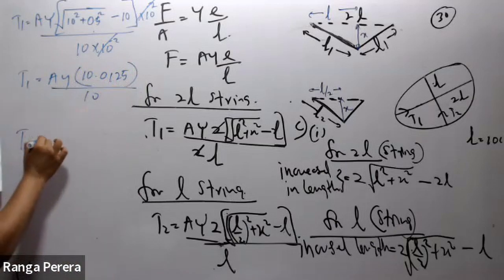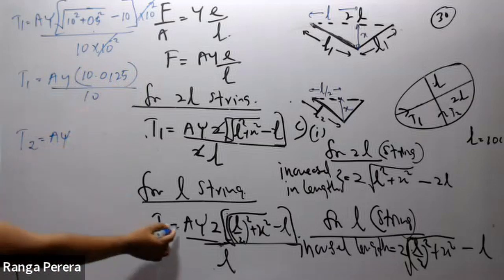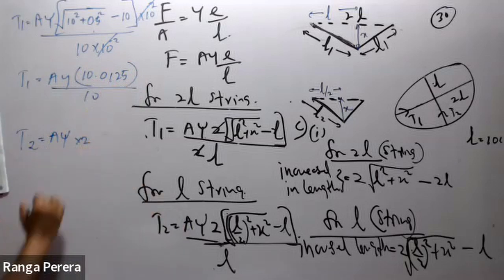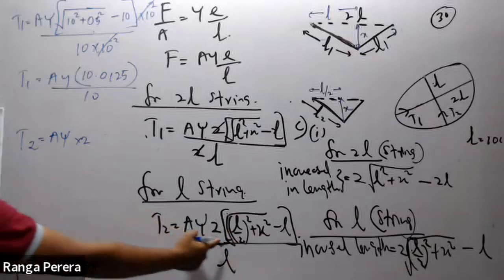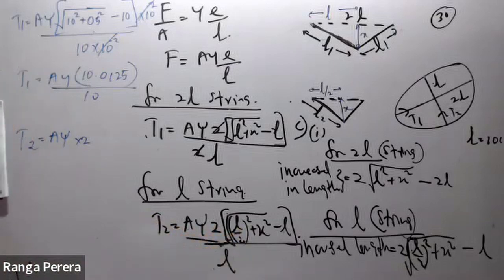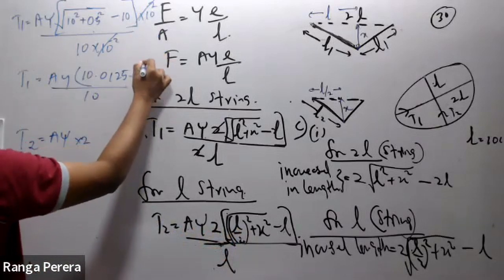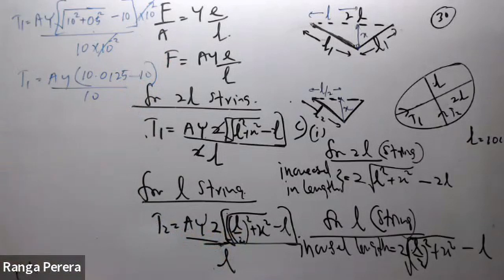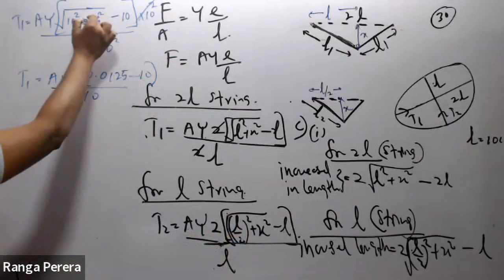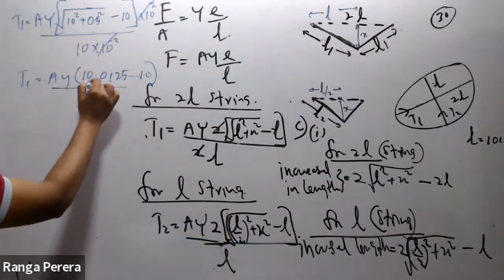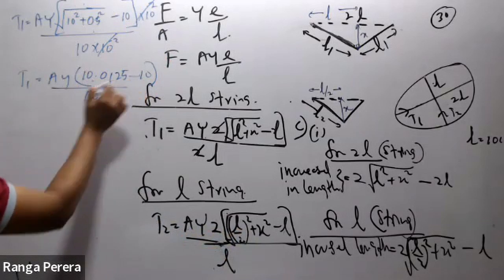Similarly, we can calculate T2. No, it's not that; I should take the difference of those two, because instead of this one, they asked to take 10.0125.